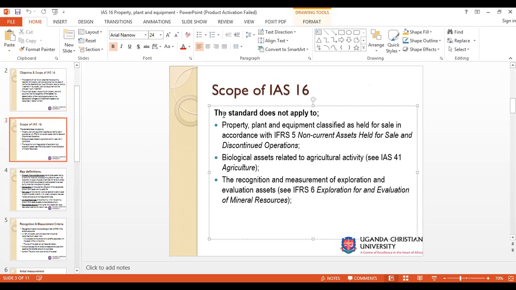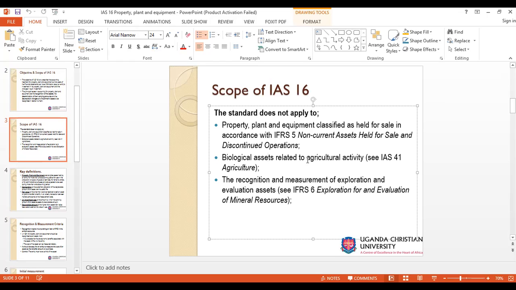What is the scope of IAS 16? IAS 16 does not apply to the following items. One, property, plant, and equipment classified as held for sale in accordance with IFRS 5. So where you are looking at tangible assets which are held for sale, maybe for discontinued operations, then you are not guided by IAS 16, you are guided by IFRS 5.